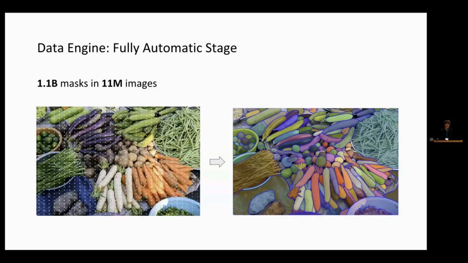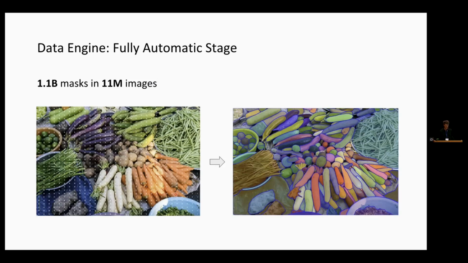Many of them are duplicates, and they have to be filtered down to the sort of image you see on the right-hand side. We used this to fully automatically generate masks for all 11 million images in our data set, yielding around 1.1 billion masks. This is what we train our final model on, and those are the weights we release.